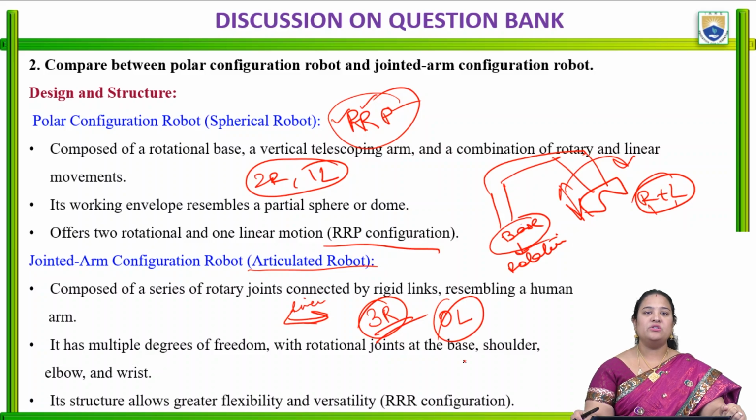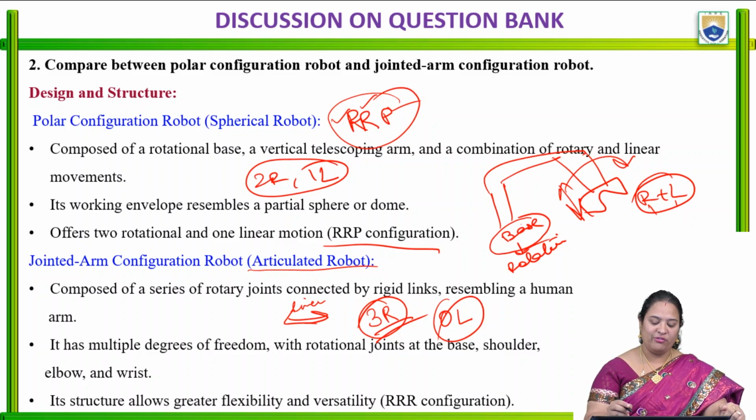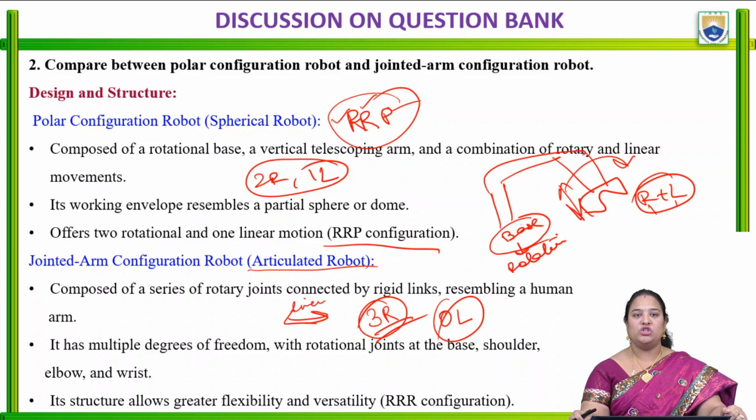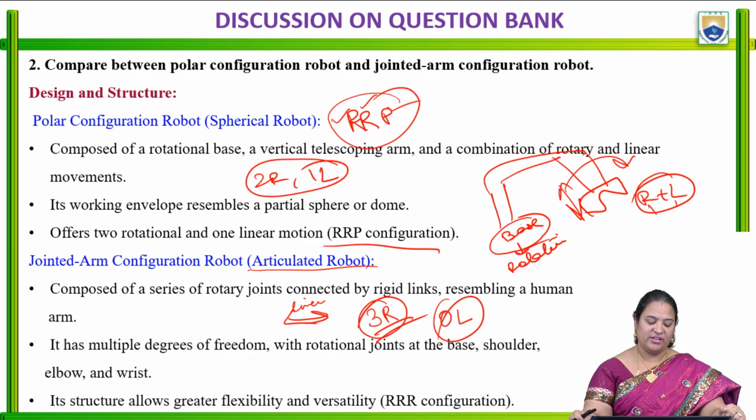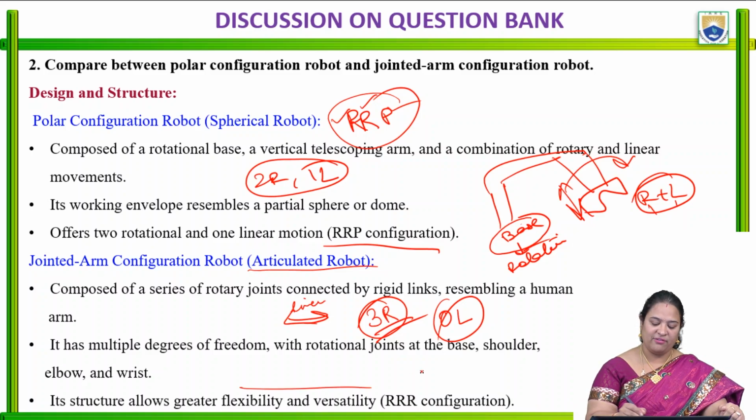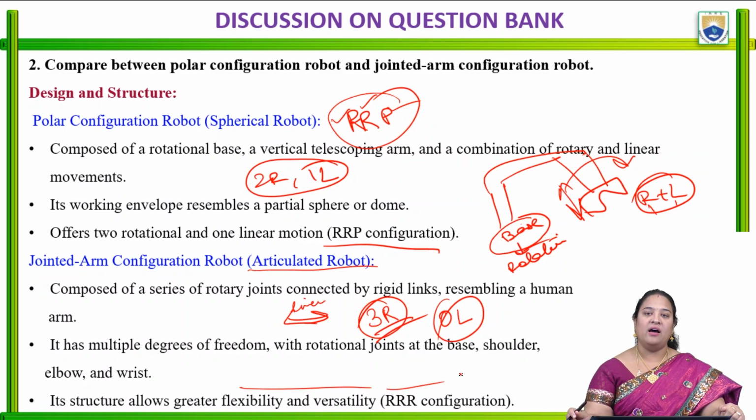It is composed of a series of rotary joints connected by rigid links, which resemble a human arm. It has multiple degrees of freedom with rotational joints at the base, shoulder, elbow and wrist. Its structure allows flexibility and versatility as an RRR configuration.